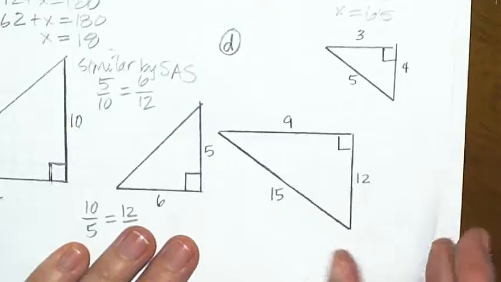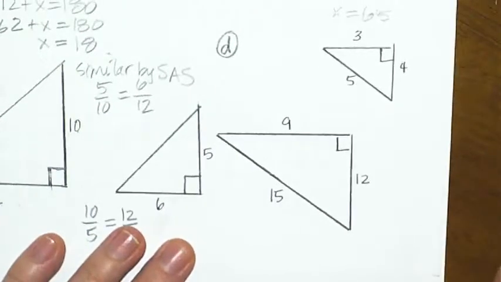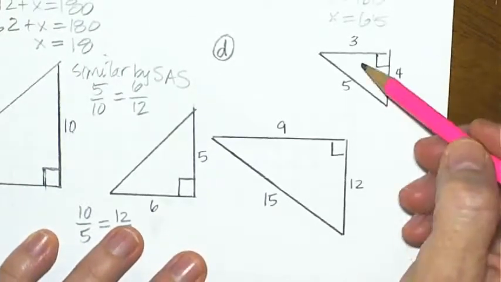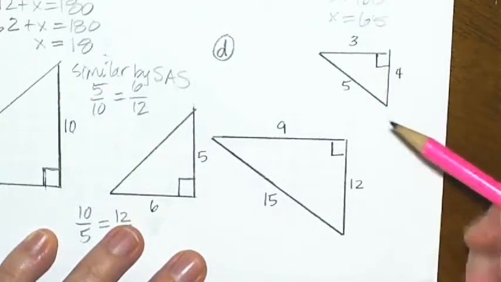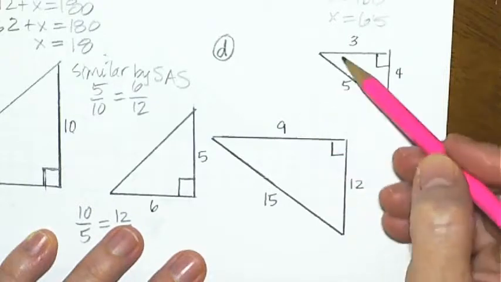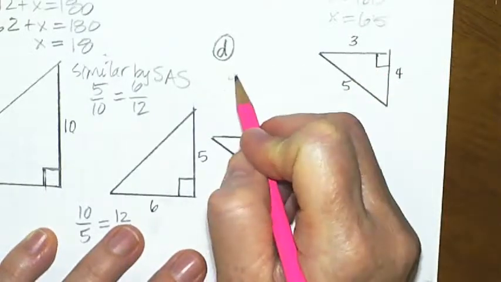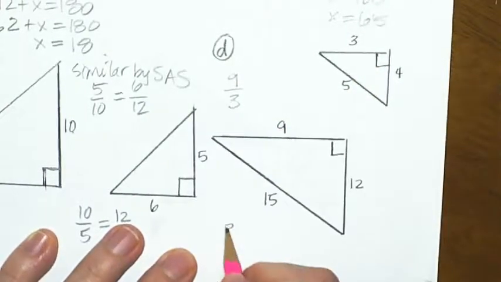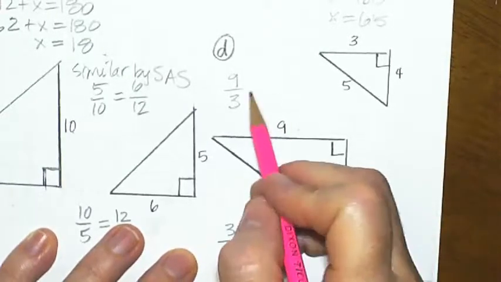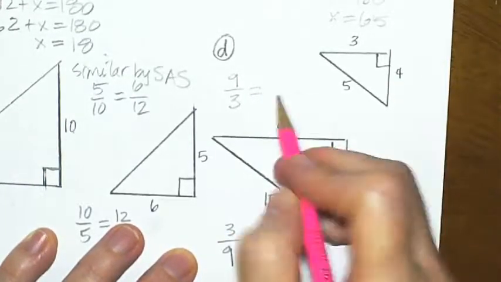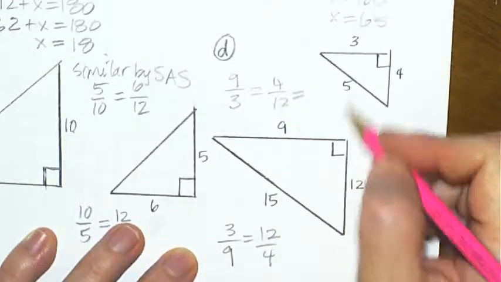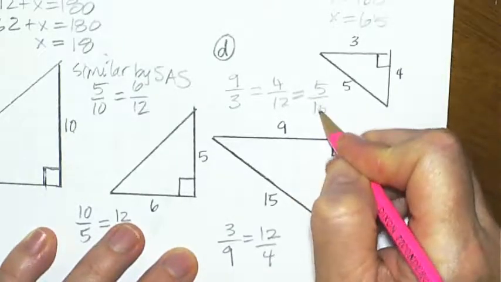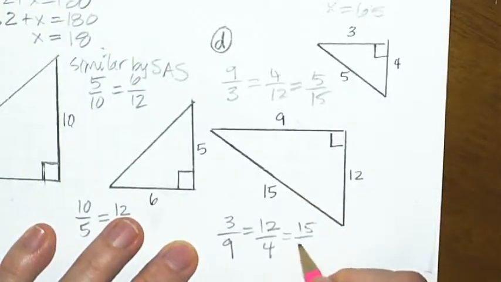And if one of those options works, then you have to say, well, they must be similar. So if these are similar, then the smallest side here is probably going to correspond to the smallest side here. So I'm going to check and see if 9 divided by 3, or I could do 3 divided by 9, is the same as 4 divided by 12, or 12 divided by 4, and then 5 divided by 15, or 15 divided by 5.